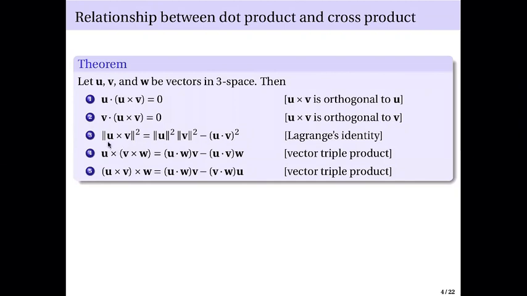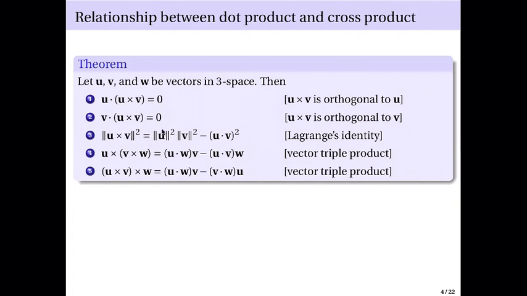Next property: you get U cross V and take the norm squared of that. You can calculate this using the right-hand side: norm of U squared times norm of V squared minus U dot V squared. Remember, a norm is a number, a scalar.